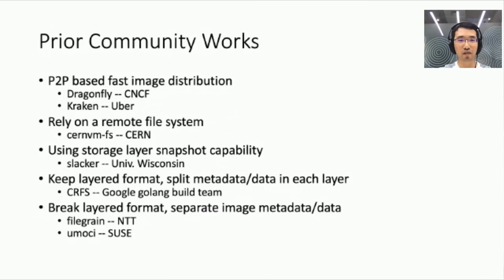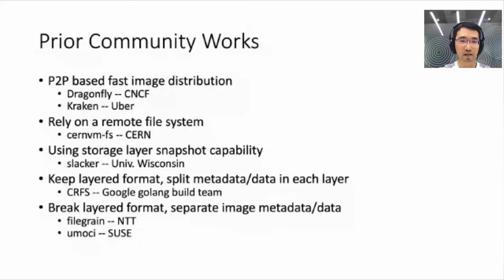The drawback is that it creates a fuse endpoint for every layer. So if we have many layers in the same container image, we will have to have many fuse endpoints, and that will kill our performance.